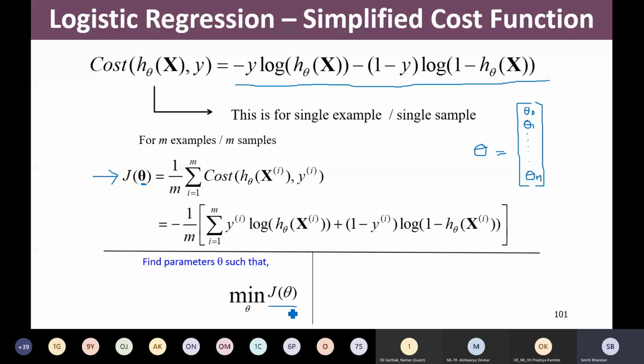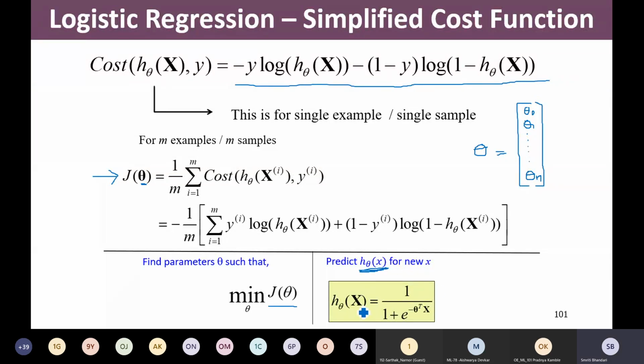Once we minimize this, we have the optimized hypothesis h theta x by making use of those obtained theta values, and we will use this h theta x to predict the class of a new sample x.